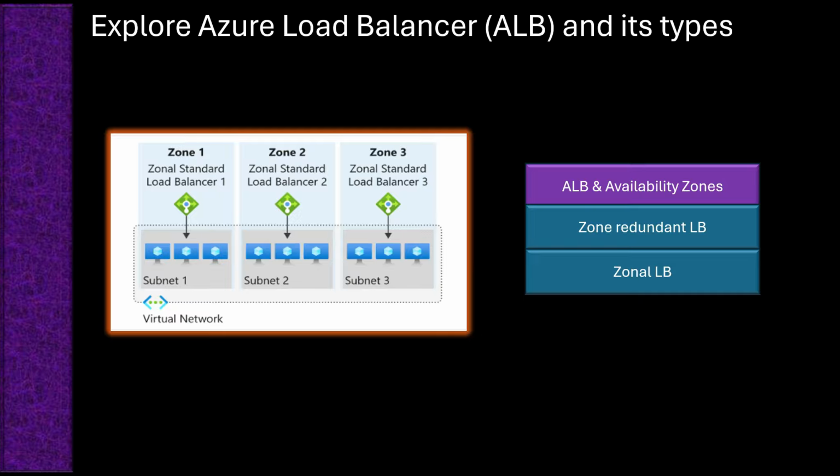To recap, deciding between zone redundant and zonal configuration depends on your application's specific resilience needs. Zone redundant load balancers provide broader resilience by spreading traffic across multiple zones, while zonal load balancers offer zone specific IP addresses and control.